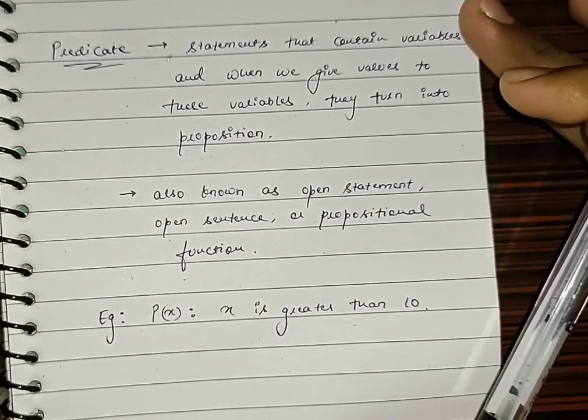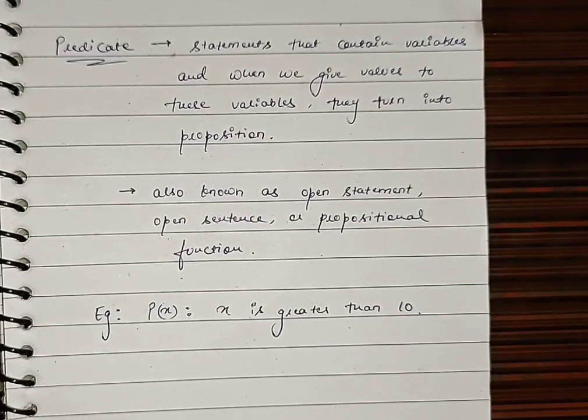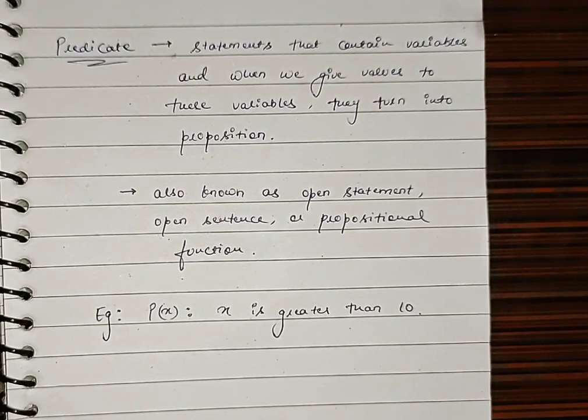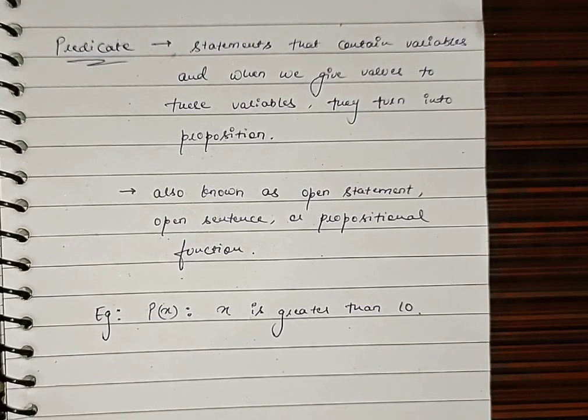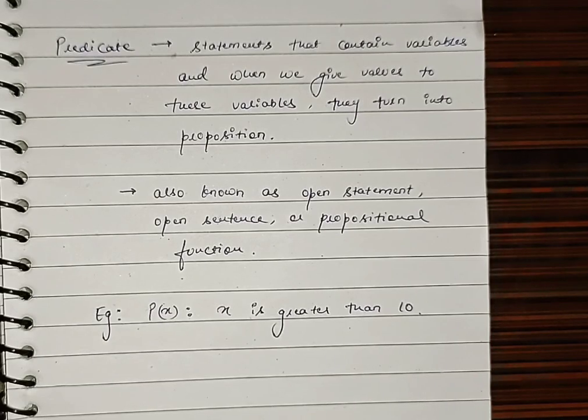Like when we see an example here, x is greater than 10. Since we know that we can assign many numbers to x, we will be restricting ourselves for this example to only the set of natural numbers, meaning those numbers that go from 1 up to infinity.